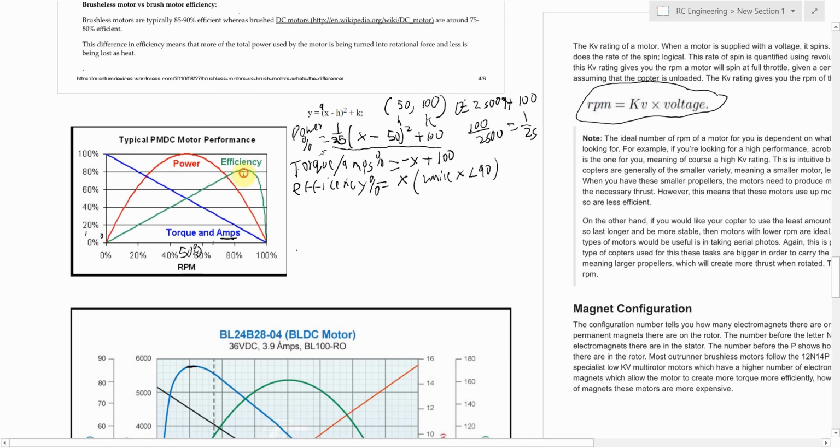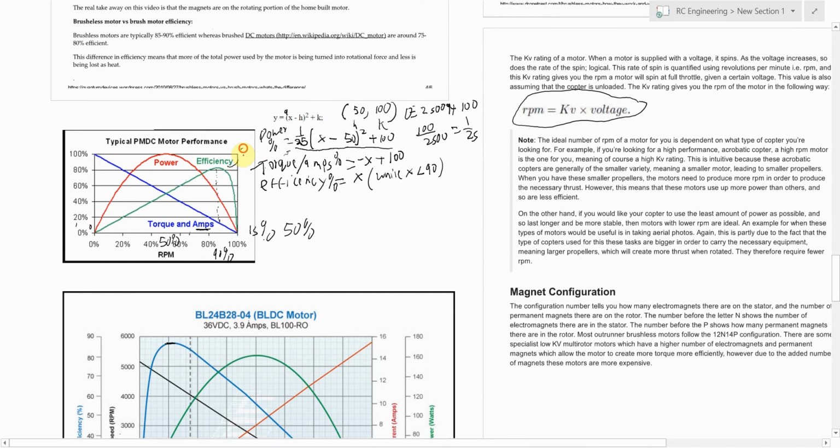At efficiency, we're somewhere around the 90% RPM range, and we're hitting a very low, about 15% torque, and something like 50% power. So at 50% power, it maxes at about 82% efficiency.